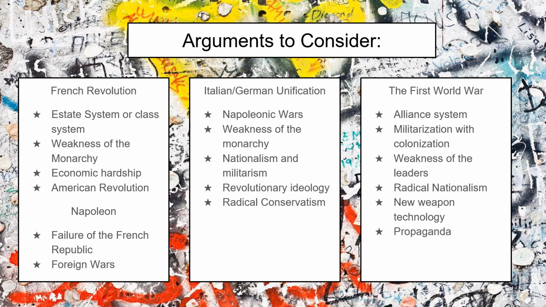For Italian and German unification, the Napoleonic Wars put nationalism in the forefront in both these areas. I think both of these came away from the Napoleonic Wars understanding that failure to unify was a problem, that there were going to continue to be 30 states in Germany, which before that had been 300, and 9 states in Italy. They would not be able to stop somebody like Napoleon from invading.